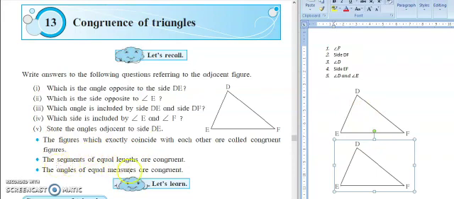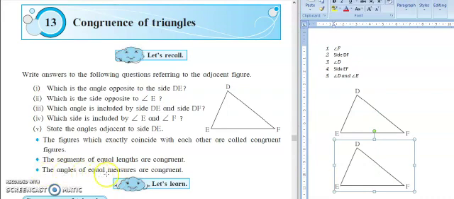Then segments of equal length are congruent. Suppose EF is one segment, and another segment is this EF. If both these segments have the same length, then they are known as congruent segments.